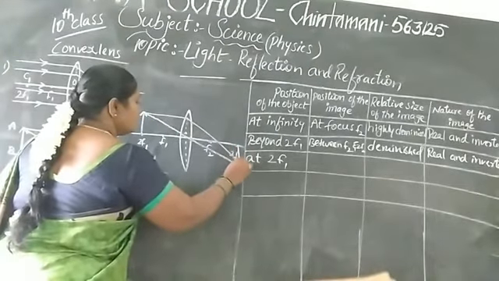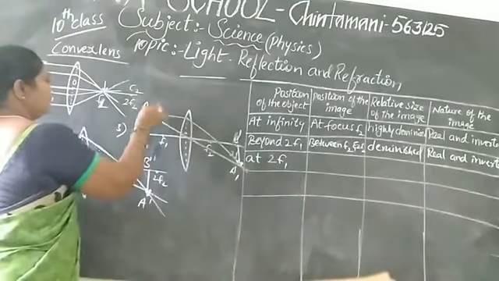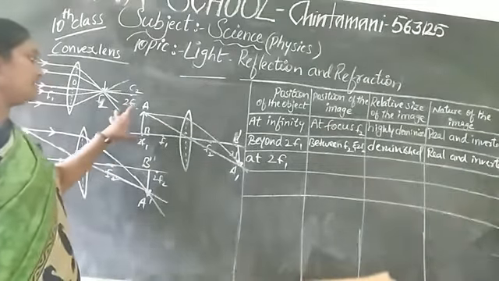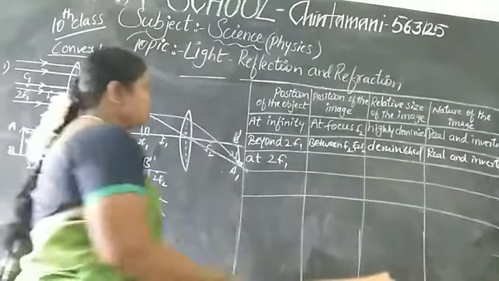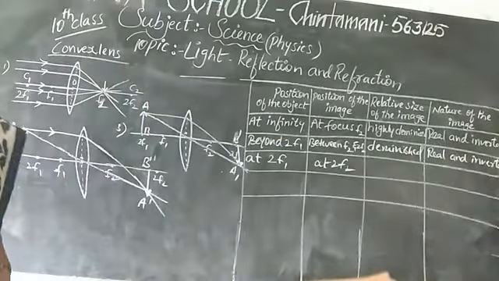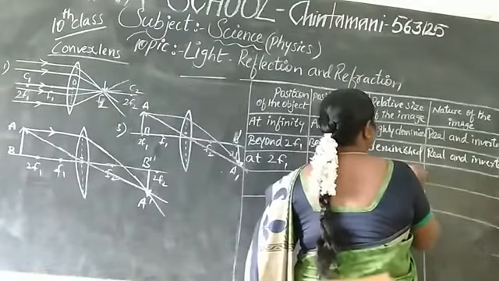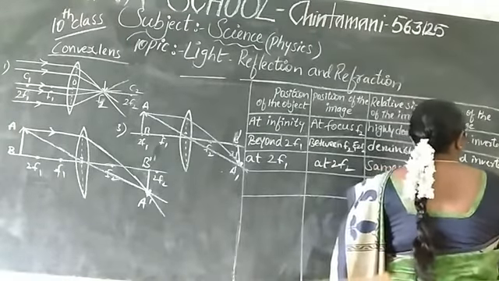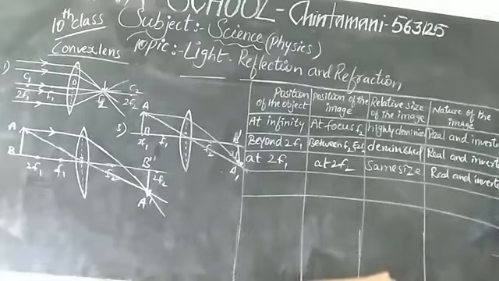So we got exactly B dash A dash, A B. Now where is the object, children? Exactly at 2F1. Where has it formed for us? Exactly at 2F2. Then how is the size? It will be the same size, no change at all. Then the nature of the image is real and inverted. The nature is the same, that is real and inverted.